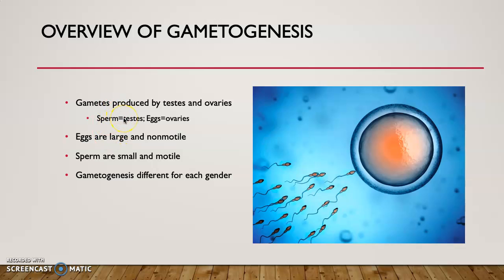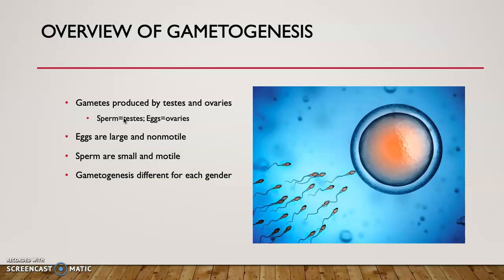And eggs are very large and very non-motile, which means they aren't able to move. And so the only way they can move is through the means of muscular contraction or cilia. But on the other hand, sperm is very small and very motile, and they're able to swim up the female reproductive tract in order to fertilize an egg to form what's called a zygote, which we talked about earlier.